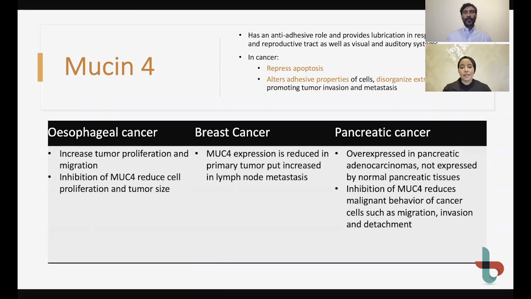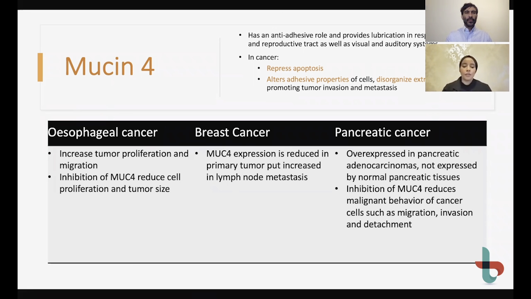It has a disadhesive role, and it promotes lubrication in the respiratory tract and also in the reproductive tract, as well as in the visual and auditory systems. In the context of cancer, just like other mucins that we've discussed previously, it again represses cellular processes such as apoptosis, alters the adhesive properties of cells, and disorganizes the extracellular matrix, which is thought to promote tumor invasion and metastasis.